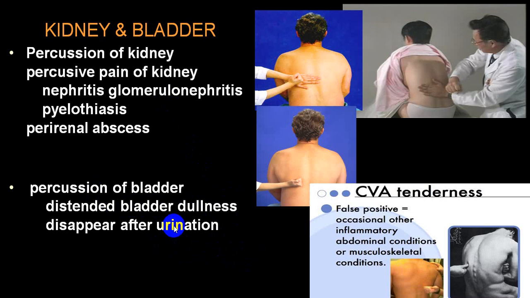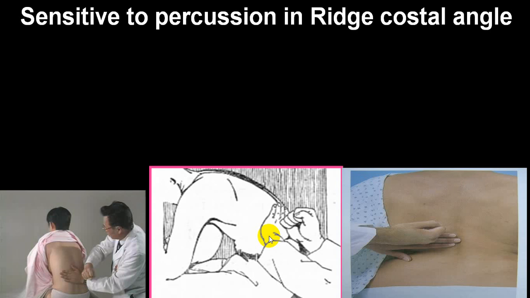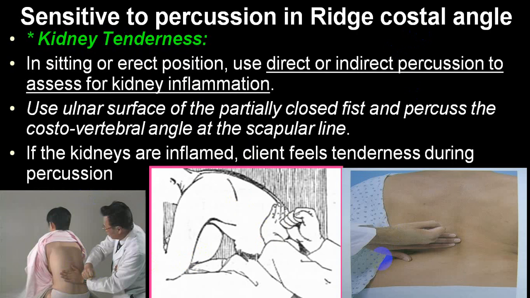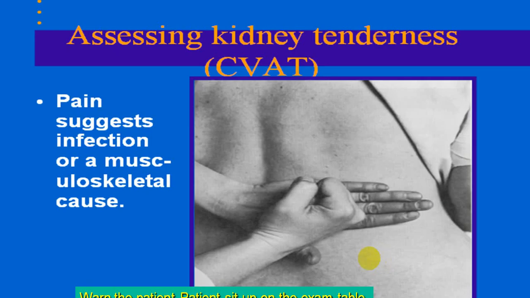And once you relieve the obstruction, the bladder will be empty, and the dullness will disappear. This will be characteristic. Percussion at the costophrenic angle is also useful. We call it costophrenic angle tenderness in case of a perinephric abscess and pyelonephritis.